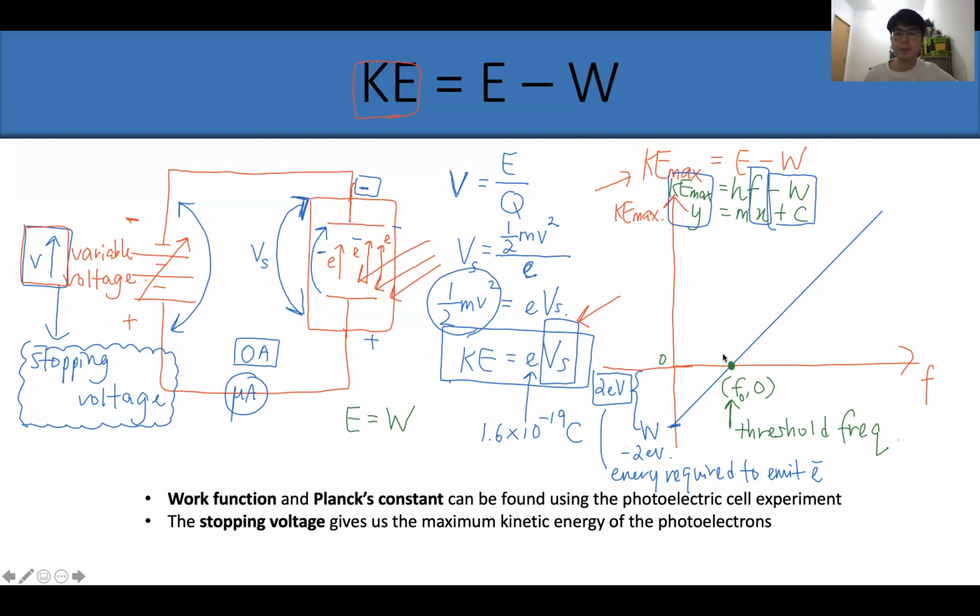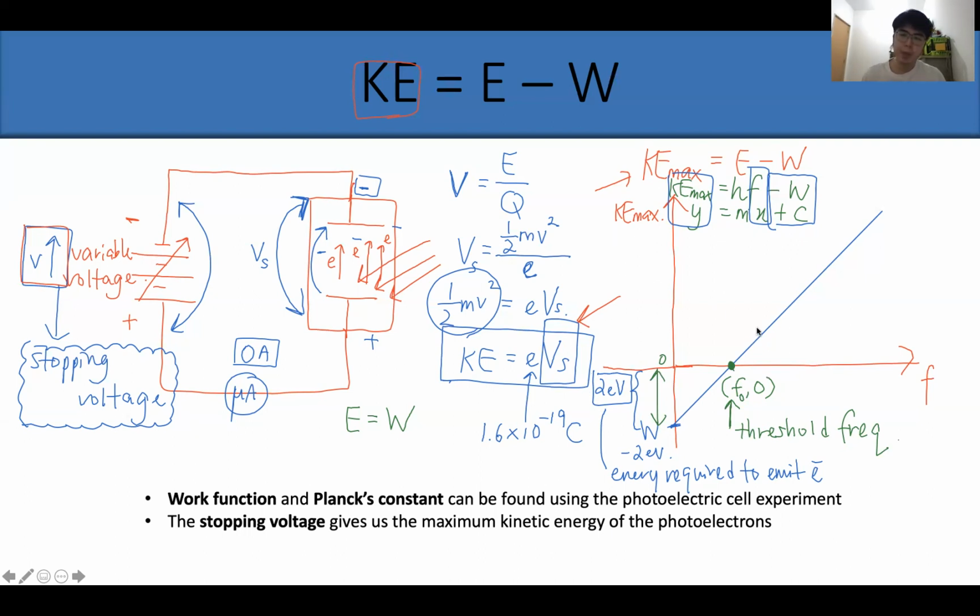This point here, the x-intercept, tells you the threshold frequency of the metal, and this region here, down from the x-axis to the W, tells you the work function of the metal.